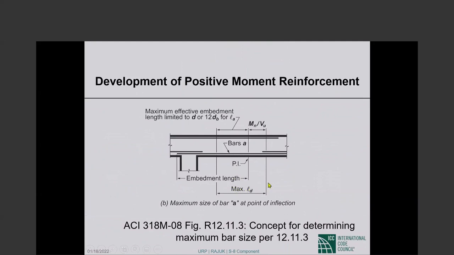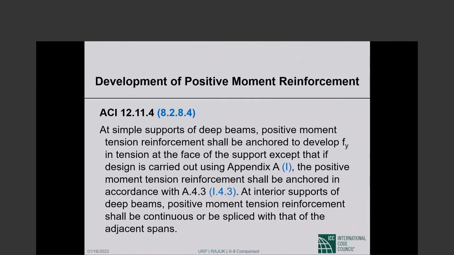So the maximum development length is from here to there. M sub N over V sub U in one direction from the point of inflection, and 12 bar diameter or D sub B in the other direction from the point of inflection, the two added up to the maximum development length. So the bar diameter cannot exceed a certain value, which will take the required development length beyond the maximum development length.